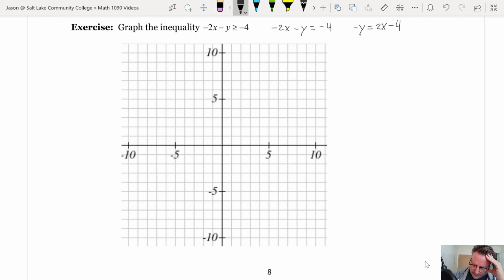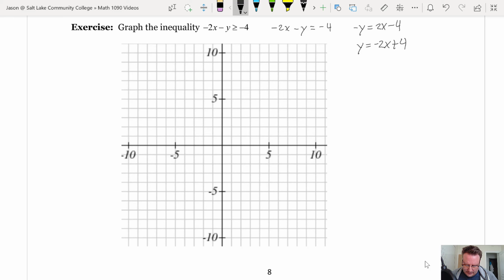Then I would multiply both sides of the equation by negative 1, and I would get y is equal to negative 2x plus 4. Okay, and so I want to graph that line.